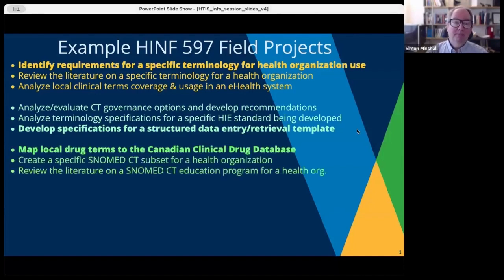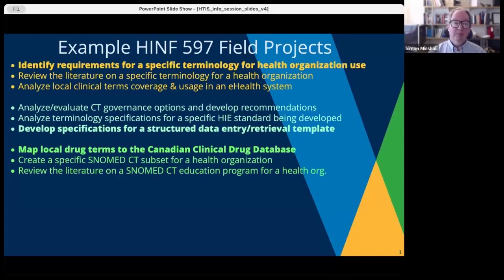You might map your local drug terms, because this often happens where you might have a siloed organization and you come up with your own coding scheme to identify substances in there. But you realize, because you've done this certificate program, that there is the Canadian Clinical Drug Database where this information is standardized for use across the country.